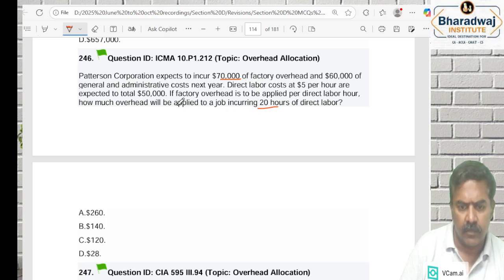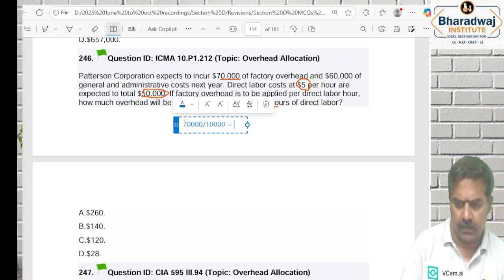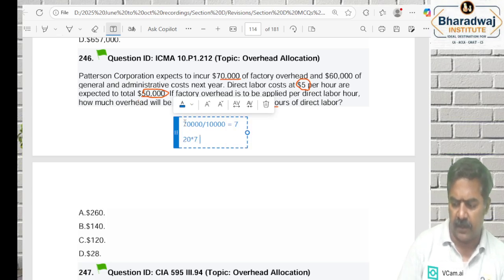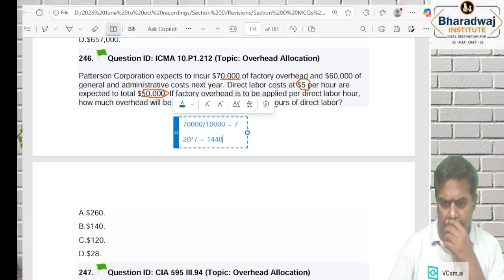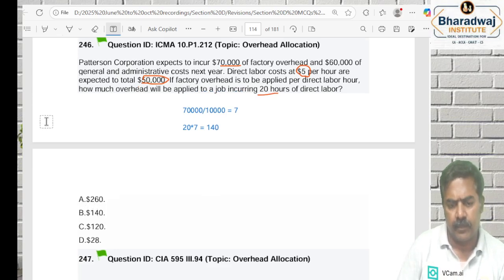They have given 50,000 hours total, divided by 5 per hour gives the number of hours. 50,000 divided by 5 per hour, you get 10,000 hours. 70,000 divided by 10,000 gives 7, into 20 is 140. So for this product, 20 into 7. What is the correct answer? B.